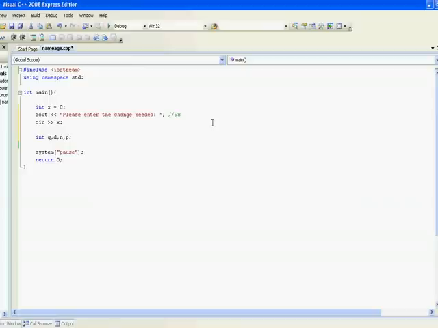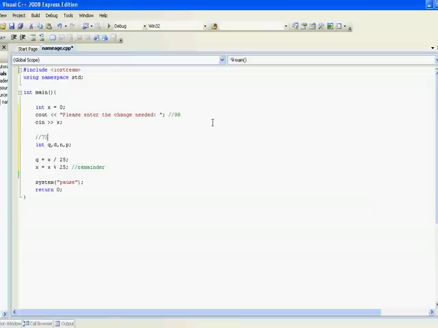So how do you get the quarters? Well, the quarter value is obtained by dividing the x by 25. And the new value of x is x mod 25, because that's the remainder. So, as an example, just as above, say the user enters 73 cents.